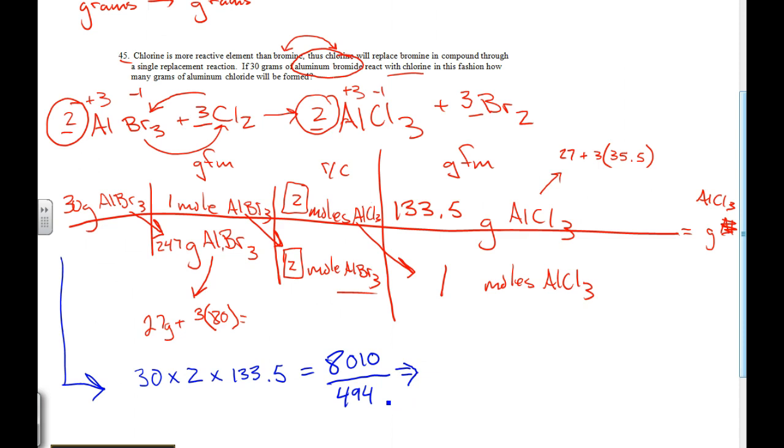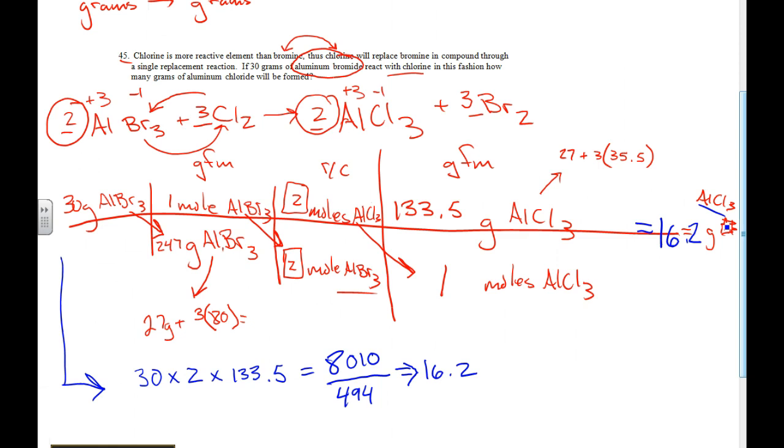So 8010 divided by 494 is equal to 16.2. That would be our answer. All right, so if we react 30 grams, we're going to get 16.2 grams of AlCl3.